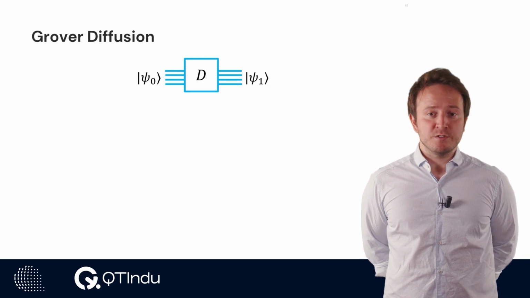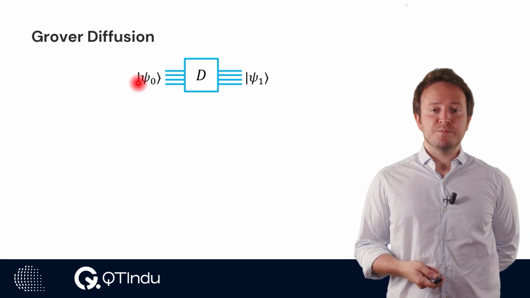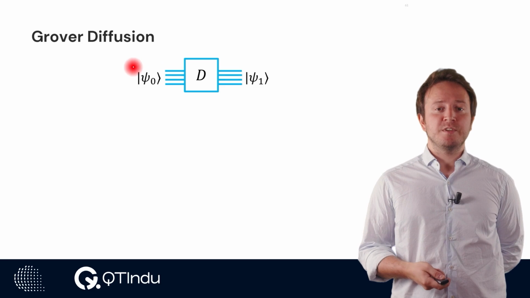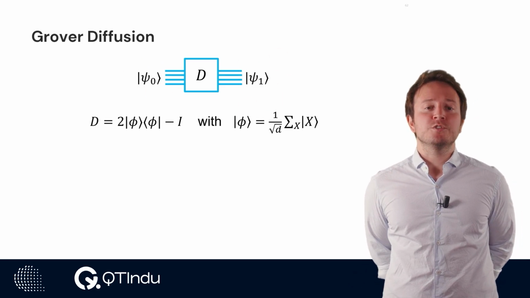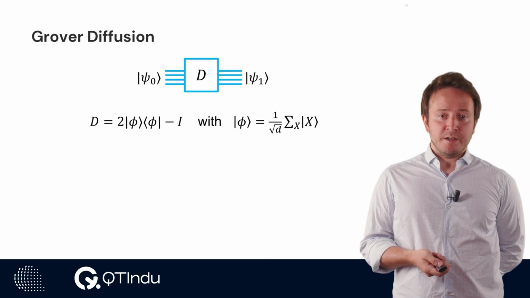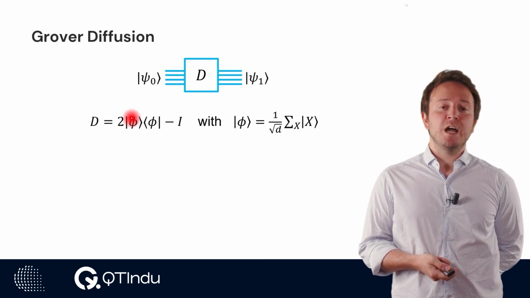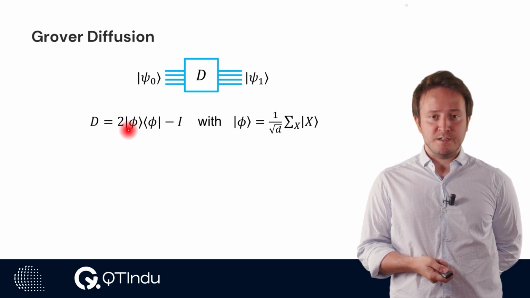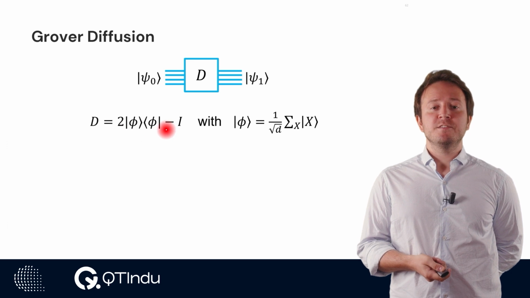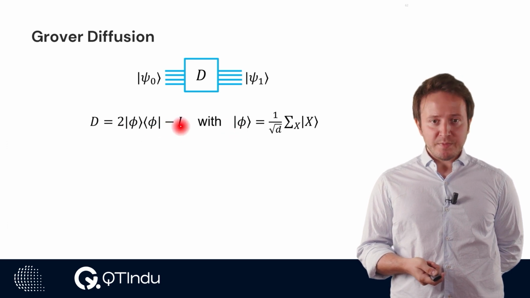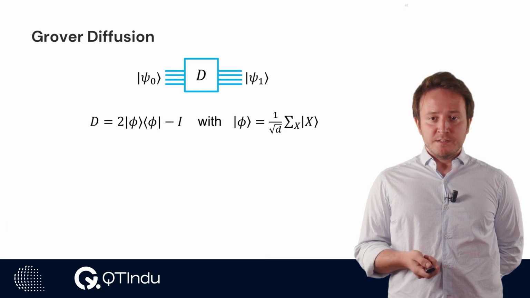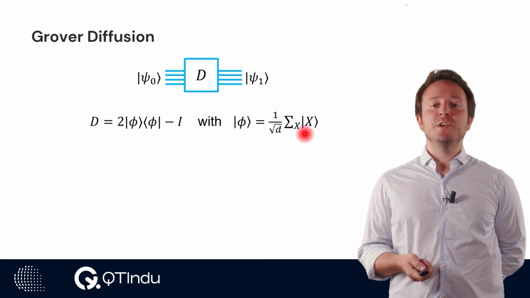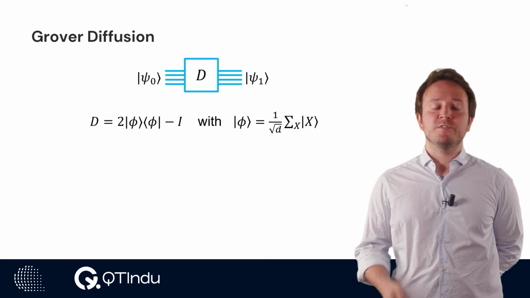The Grover diffusion, in fact, takes a general input state psi of 0 and outputs a state psi of 1, according to this rule. In particular, it takes 2 times the projection onto the state phi, and subtracts the identity. It's a projection onto phi times 2 minus the identity. The state phi is just a coherent superposition of all possible states in the register.